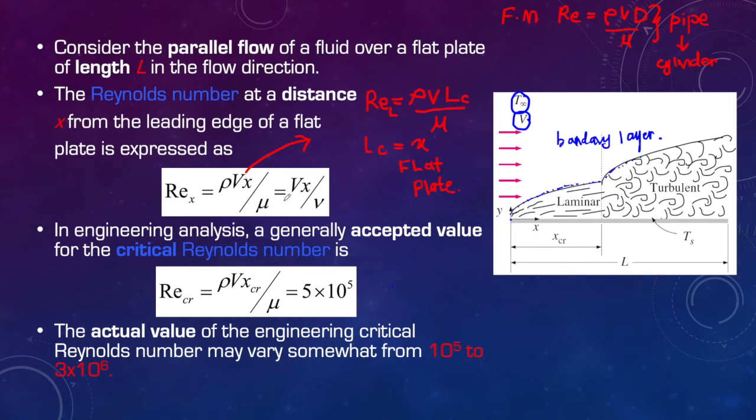So as we can see here, there is another form of Reynolds number equation, which is Vx over nu. This is the same equation as this, but we have to change it into kinematic viscosity. Again, in fluid mechanics, we already learned that kinematic viscosity is equal to mu over rho. Okay, this is the equation for kinematic viscosity.